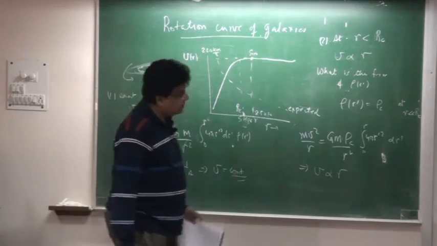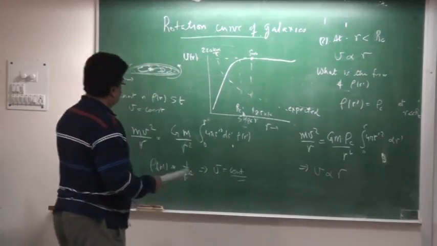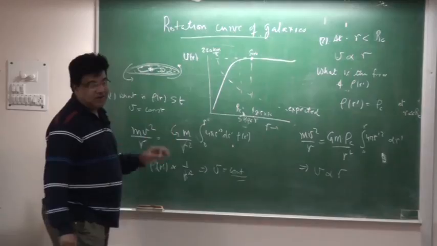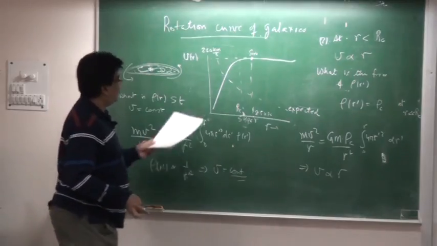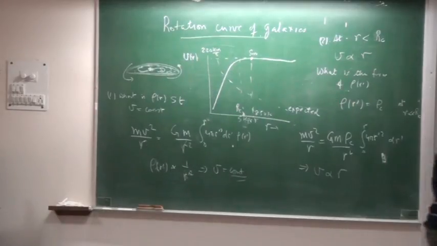So people try to fit various distributions which will reproduce the observed galactic rotation curve. This thing is called the galactic rotation curve.